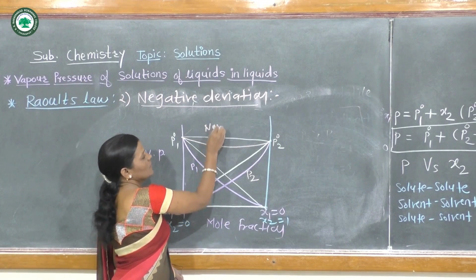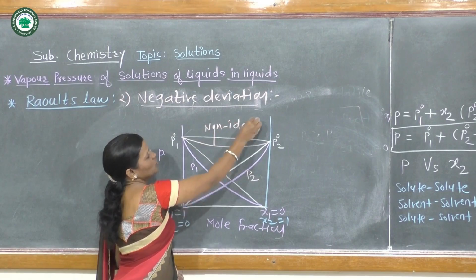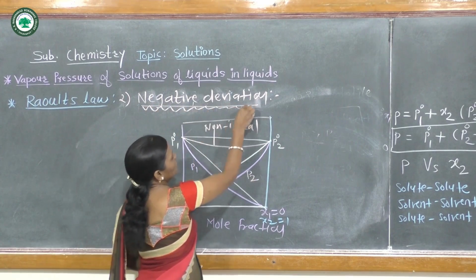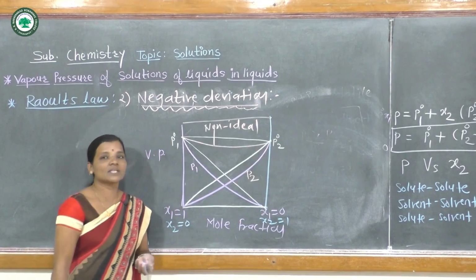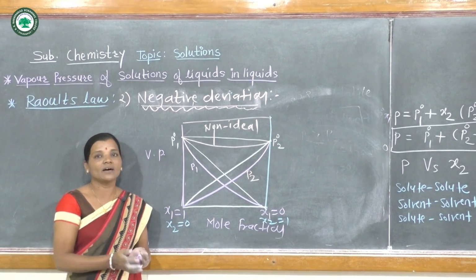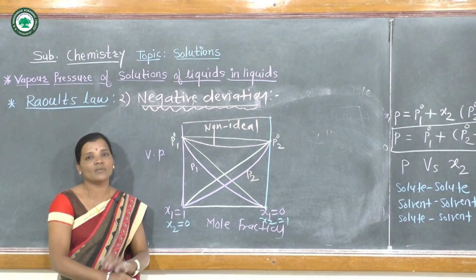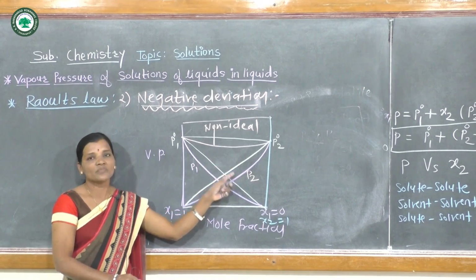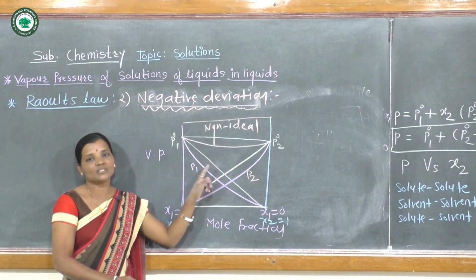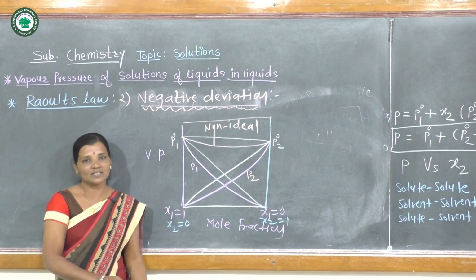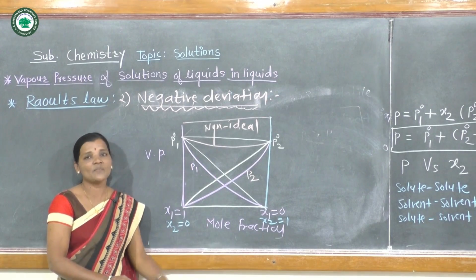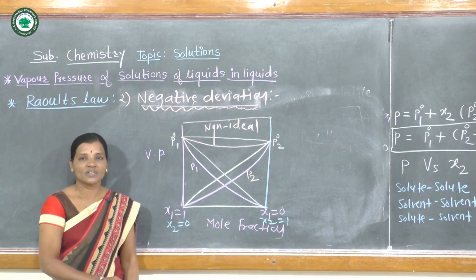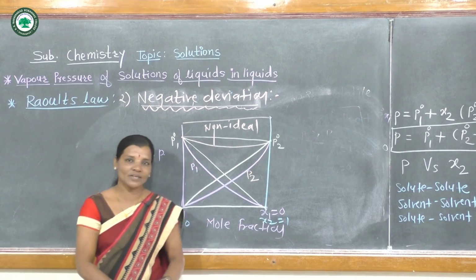This curve is for the non-ideal solution which shows negative deviation. And from this graph we can say that the solute-solvent interactions are stronger than the solute-solute and solvent-solvent interactions, and such types of solutions are non-ideal solutions which show negative deviation. So let us stop here. Thank you.